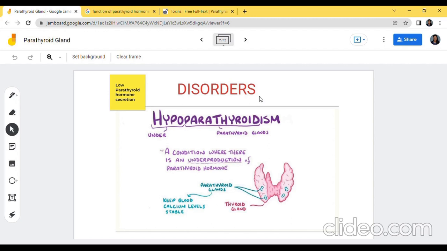This is a condition where there is an underproduction of this parathyroid hormone, so low parathyroid hormone secretion will happen. Hypoparathyroidism depresses the reabsorption of calcium and phosphate from the bones, and so the level of calcium in the body fluids will be decreased. As a result, the bones will remain strong.